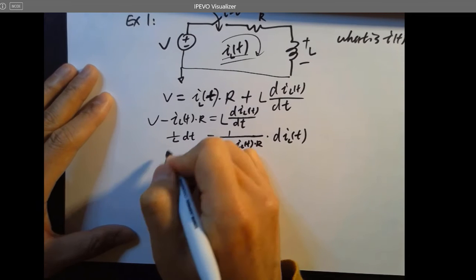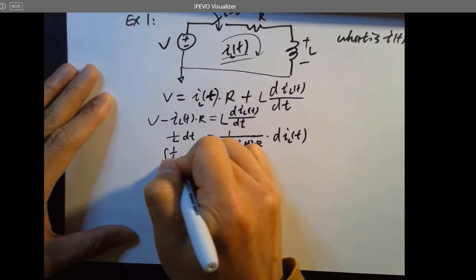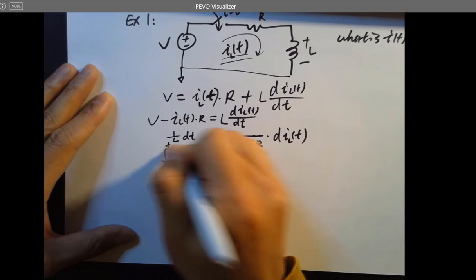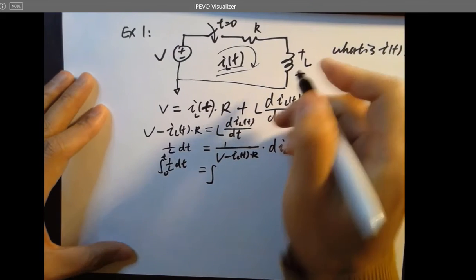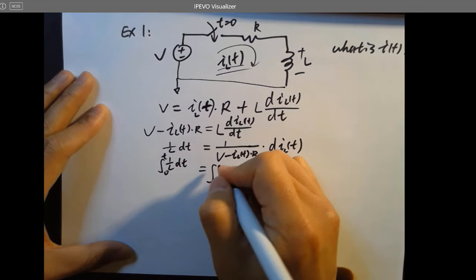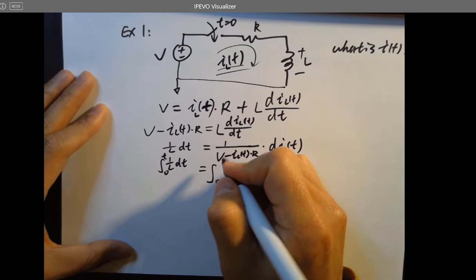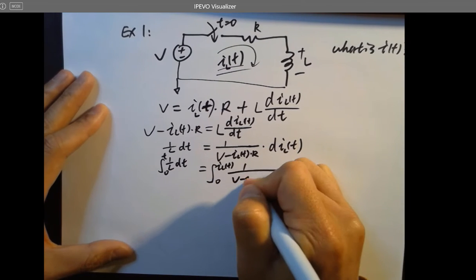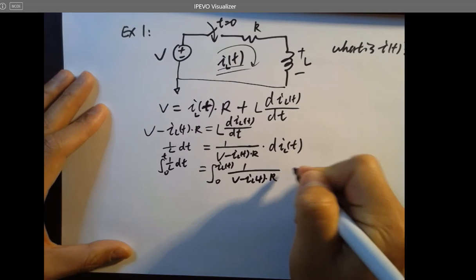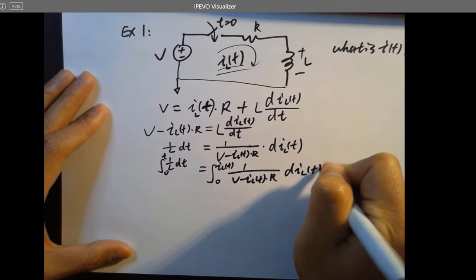We integrate 1 over L dt from 0 to t. On the left side, there was no current in the very beginning, so it's going to be I0 being integrated to I_L(t). And here is 1 over (V minus I_L(t) times R) dI_L(t).